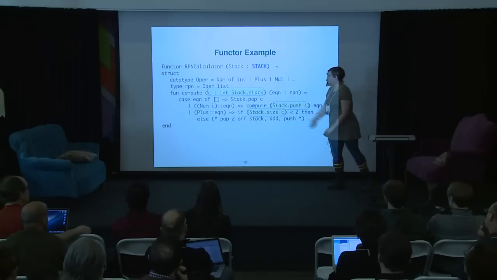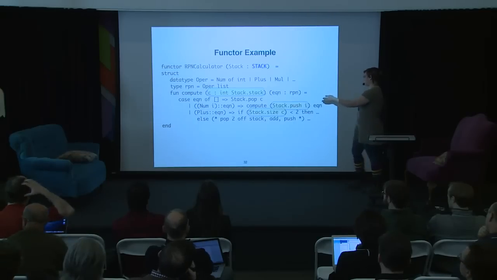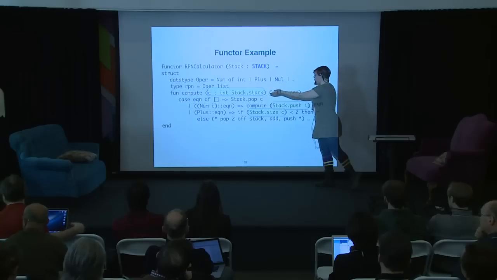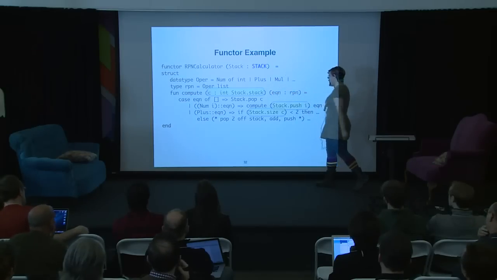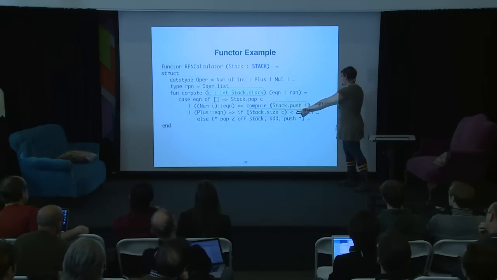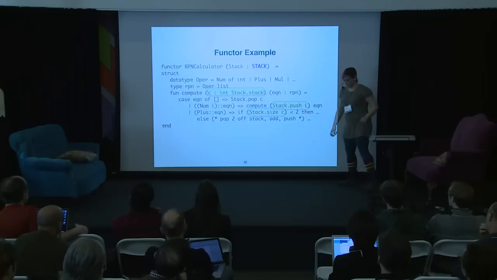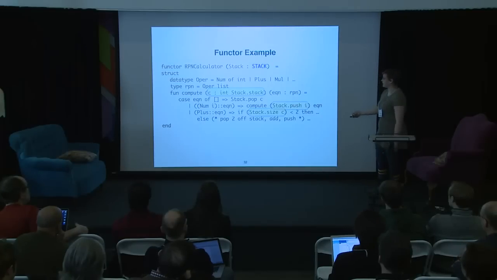So you take some module Stack, and then in your definition for computing with the stack, you take in some argument C, which is of type int Stack.stack coming from that module. And then you use, again through this dot notation, the value components of the signature, which are push, and maybe you want to check the size and do some error handling or something.